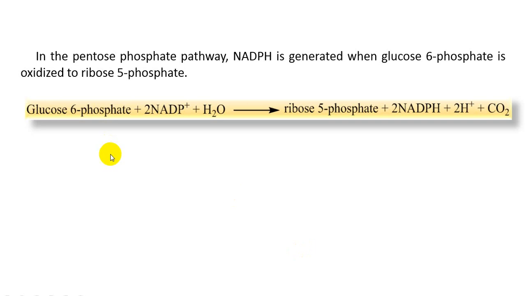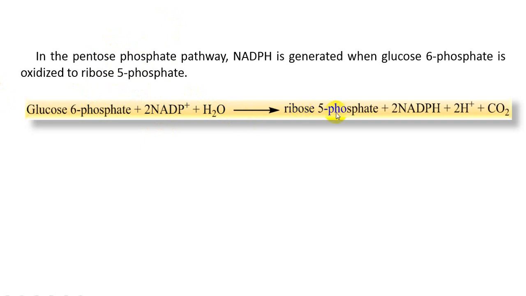Glucose 6-phosphate, as we said, is oxidized to ribose 5-phosphate in the presence of the oxidized form of NADPH, or just NADP plus, plus 1 molecule of water.